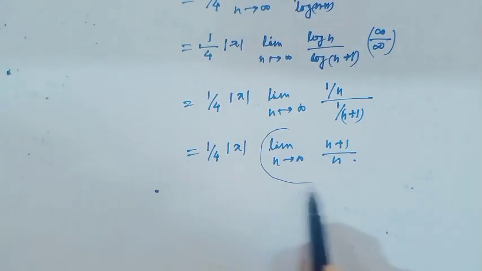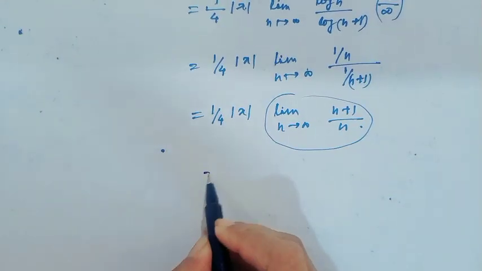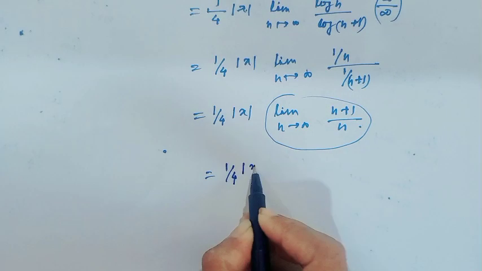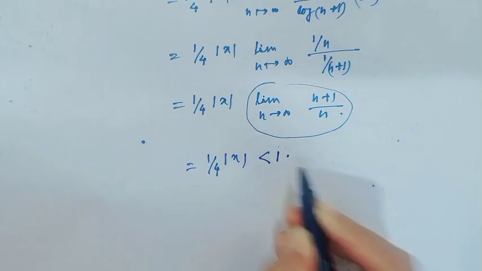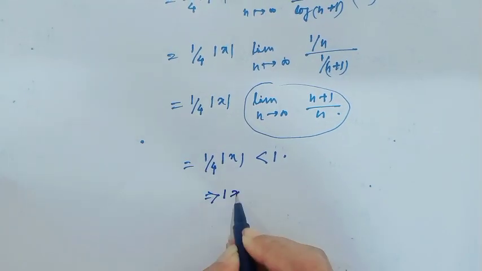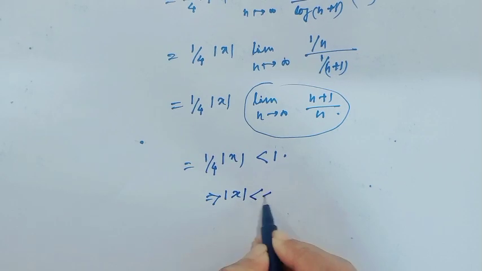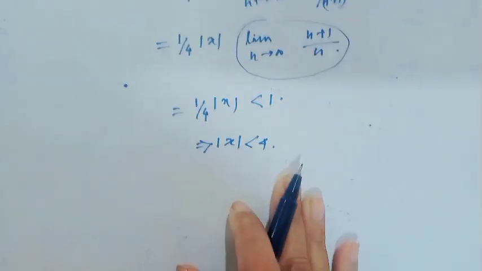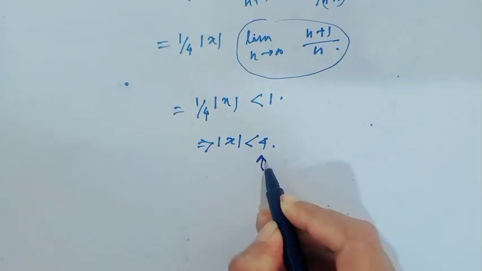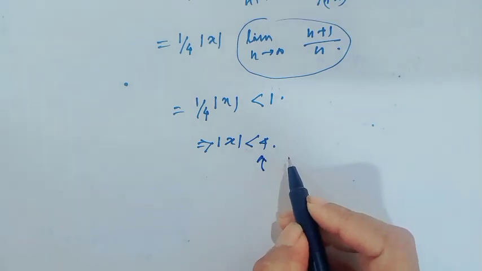The value of this limit is 1, therefore this value is 1 over 4 mod x. And we all know the power series converges when this value is less than 1. That implies absolute value of x less than 4. Therefore, the radius of convergence of this power series is 4.